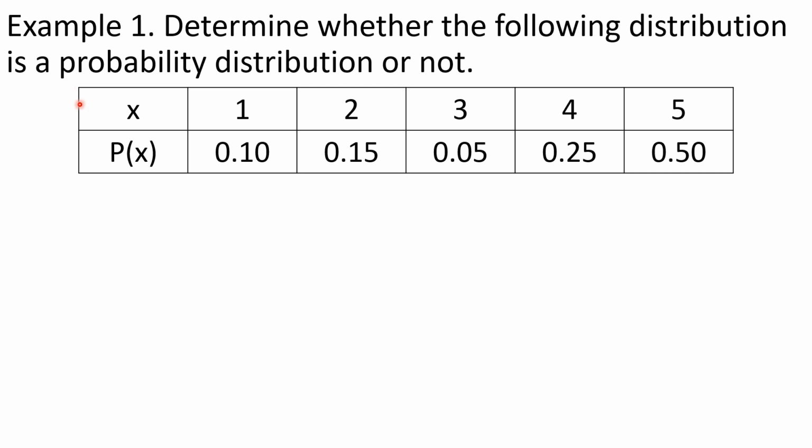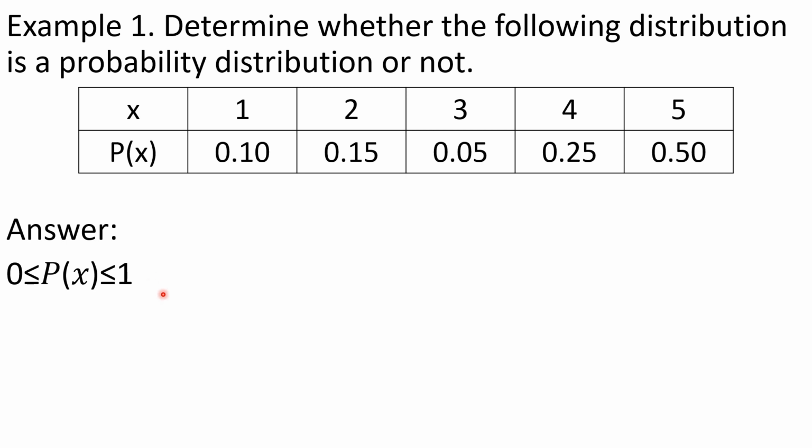The first is that each p of x value is between 0 and 1. And the second condition is that the sum of these p of x's must be exactly equal to 1. So for the first condition, when you look at each p of x value, we can see that each is between 0 and 1.